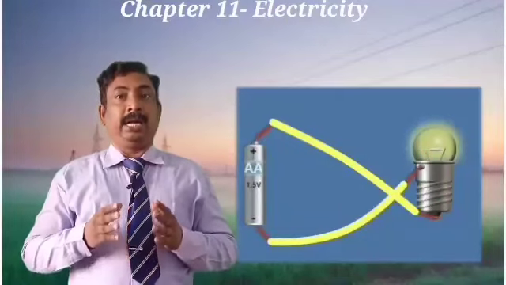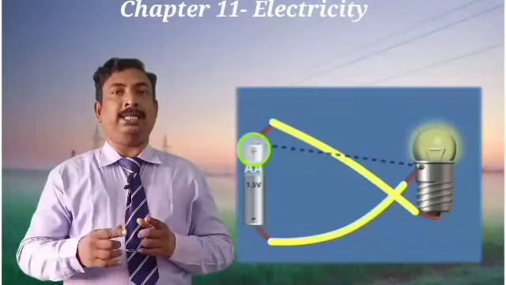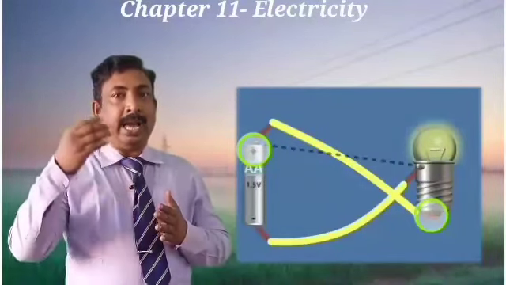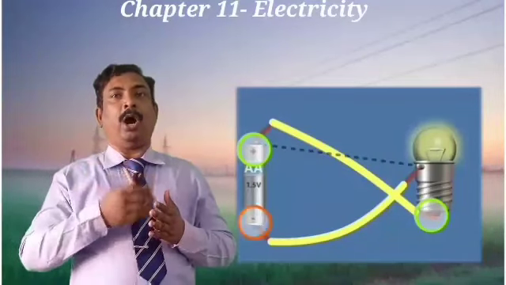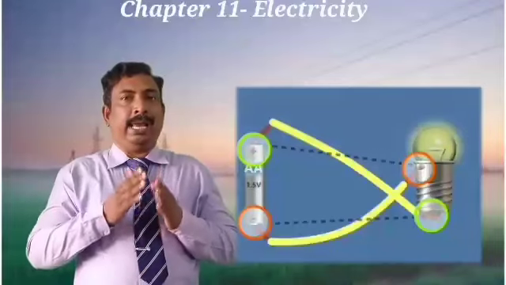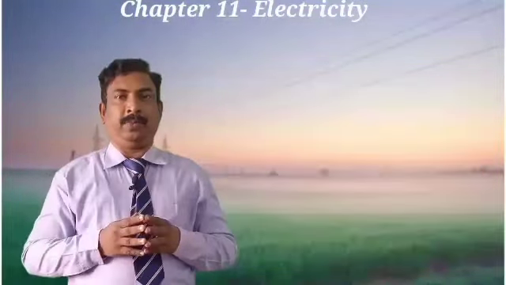But still, conventionally, we follow the flow of positive charge as electric current. And in the direction of current, electrons move in the opposite direction. So electric current means flow of positive charge.